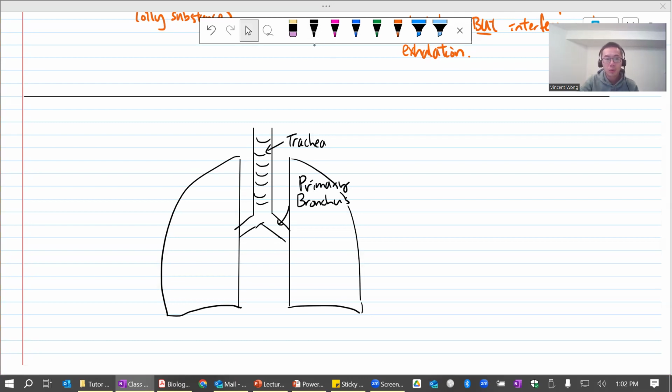Now the right lung, which is the left side of the diagram, actually has 3 lobes. There is the superior lobe, the one on top. There is the inferior lobe, and the one in the middle is just called middle lobe.